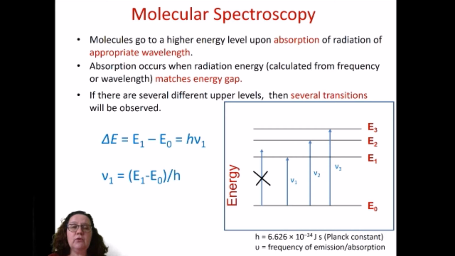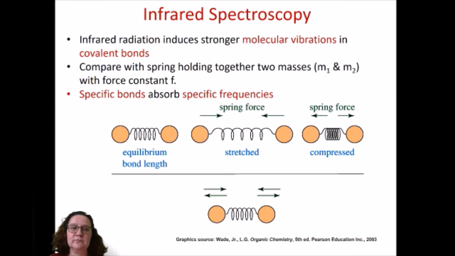The absorption will only happen when the energy provided by the radiation is enough to match a particular energy gap between two energy levels. In that case, the molecule will absorb the energy and will reach an activated state. And if there are different upper energy levels that can be achieved, then several transitions will be observed.